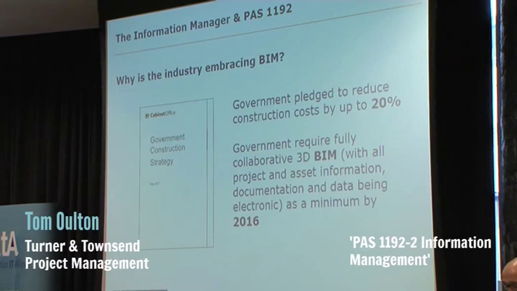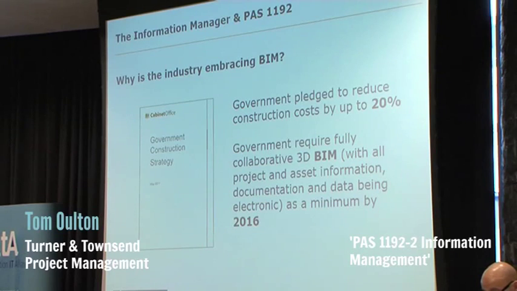On the back of Egan and Latham, and in response to the austerity measures that we have, the government construction strategy was published in 2011, calling for a 20% reduction in construction costs for all centrally procured projects. To achieve these savings, the government advocated the use of 3D BIM and for level 2.